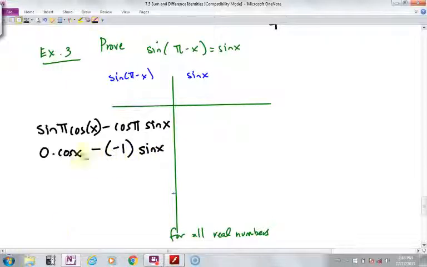So now I have 0 times anything is just 0. Minus cos x, or sorry, subtract -1, that's plus. 0 plus sine x is sine x. And so the left side equals the right side for all real numbers, because it's an identity. We prove they're the same. Okay? Questions for me?